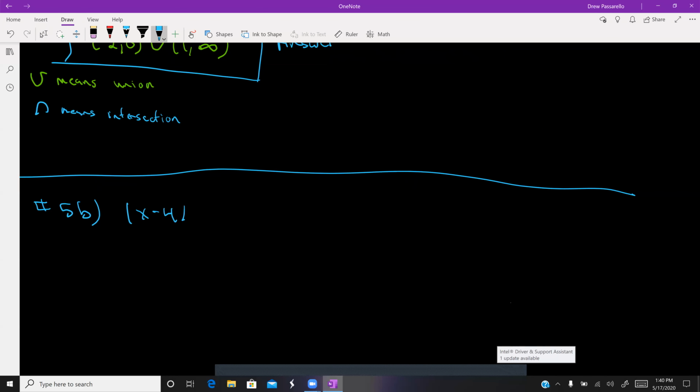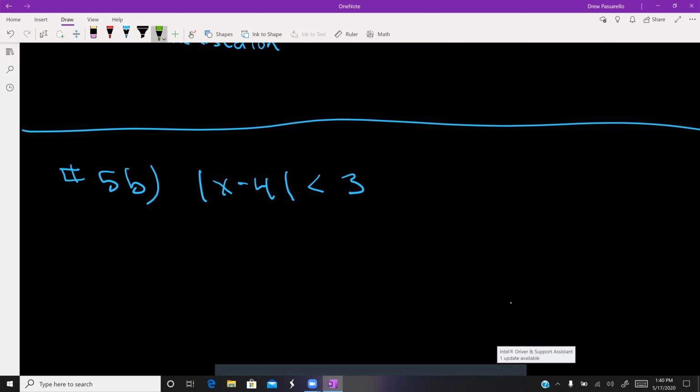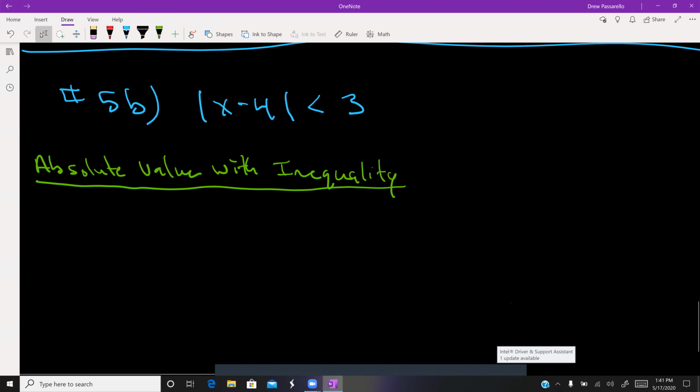From one of the algebra classes you've taken, you'd have to know how you handle absolute value with an inequality sign. Here are the possible cases.